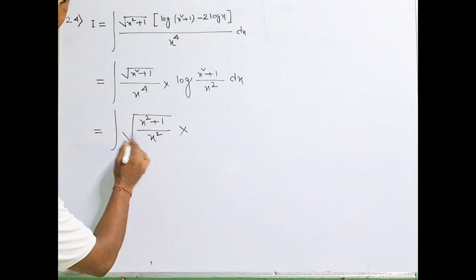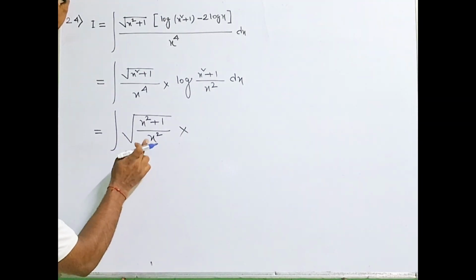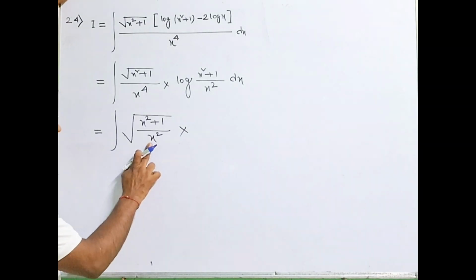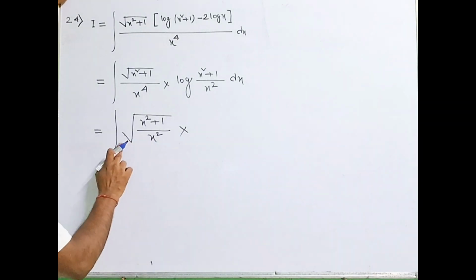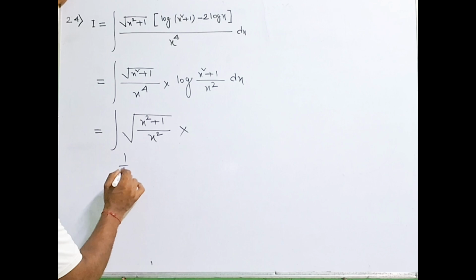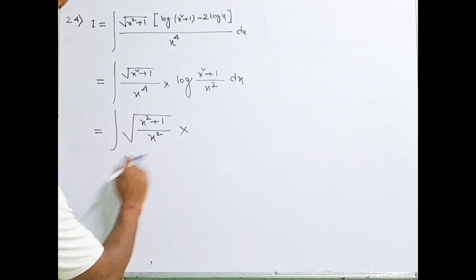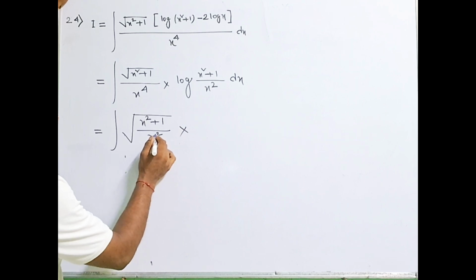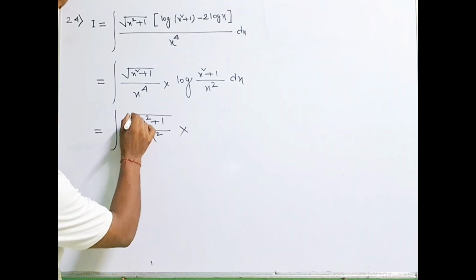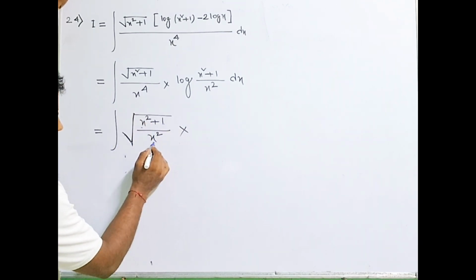Now, under root over I have written x square, and if this x square you take out of the radical sign, only x will come out. That means 1 by x square, this is under root over x square plus 1 by x square.